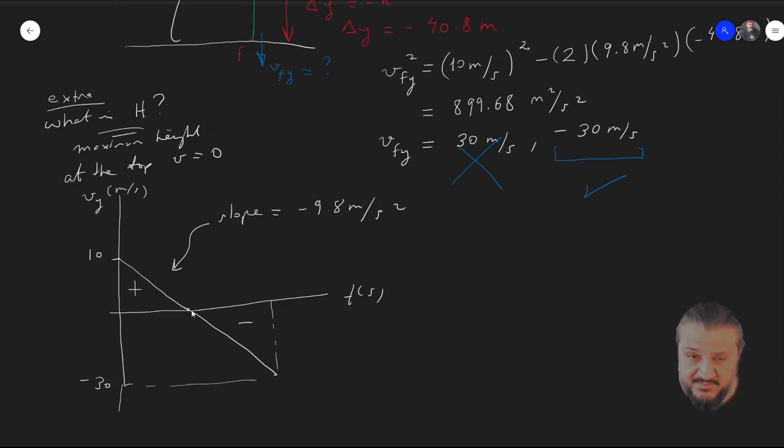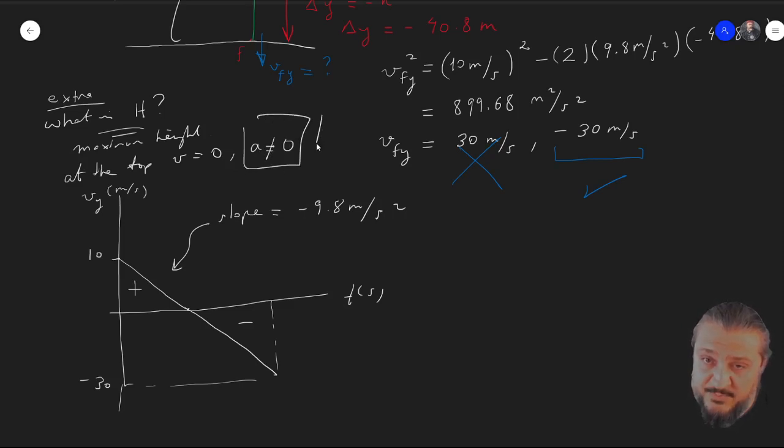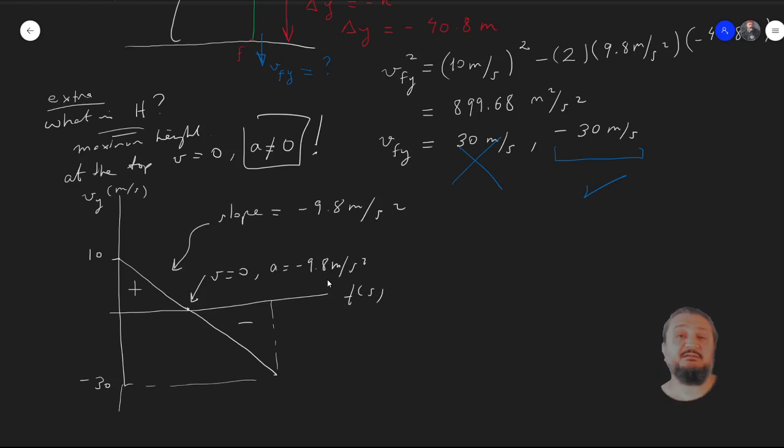It decreases to 0, and then increases the speed in the negative direction. But there's only one slope, so A is not 0 here. A is not 0, very important. Right over here, V is 0, but not A. A is still negative 9.8 meters per second squared.